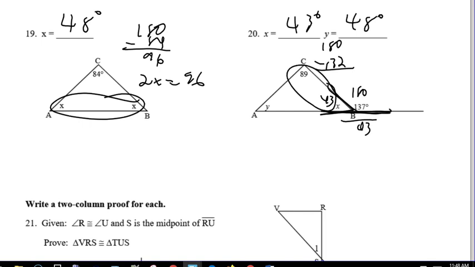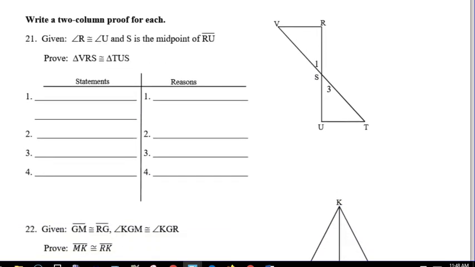Step by step. All right. So, angle R and U are congruent. Mark them. S is the midpoint of RU. That means this is equal to that. We also know vertical angles are congruent.